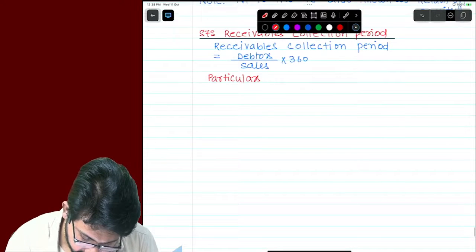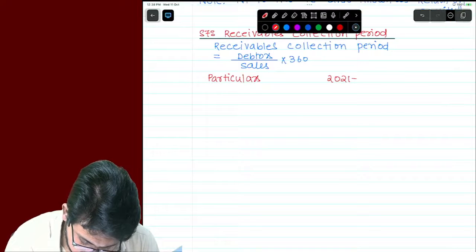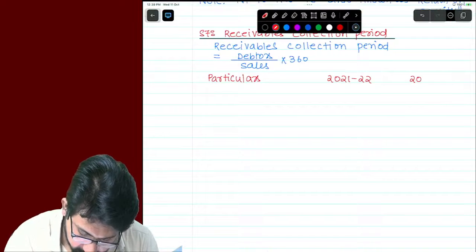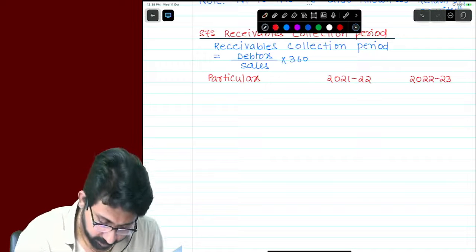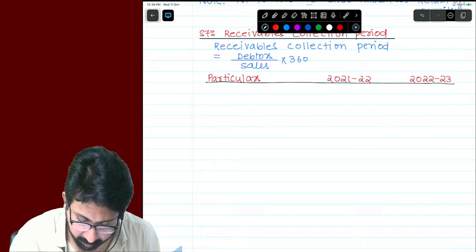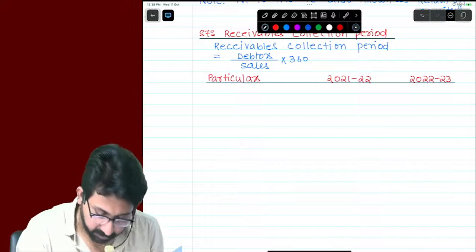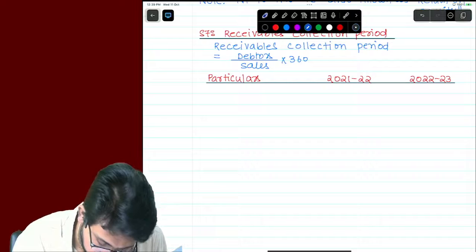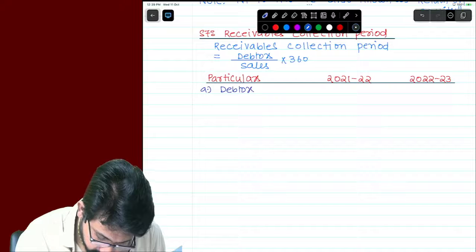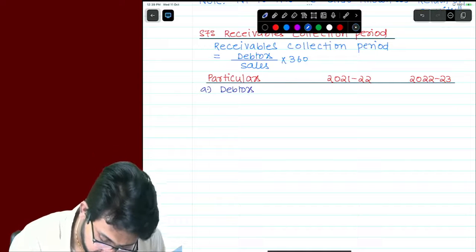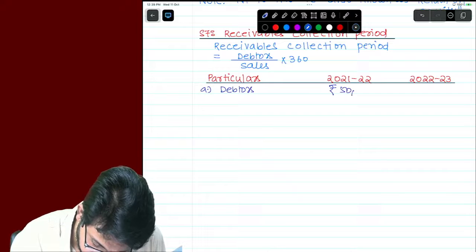Particulars 21-22, 22-23. Write down the numbers clearly. A, debtors. How much will the debtors be here? 50,000.